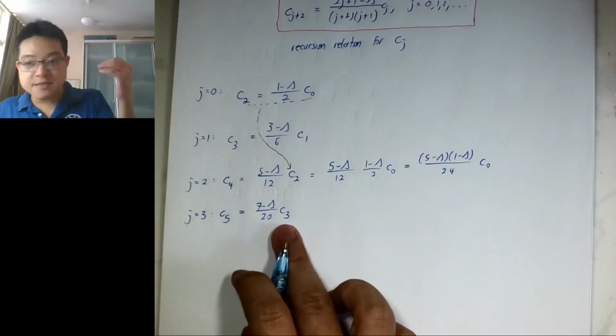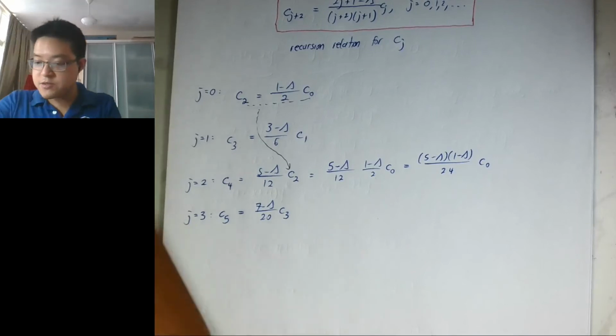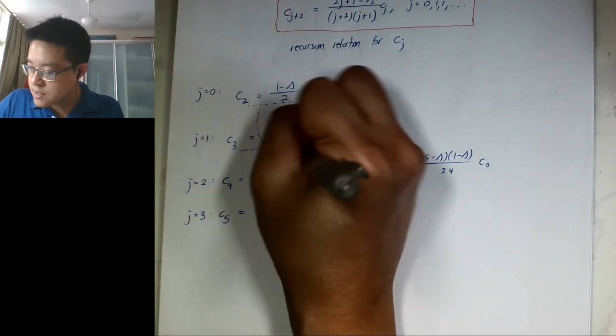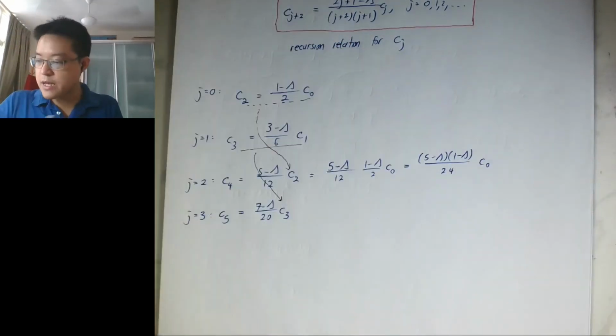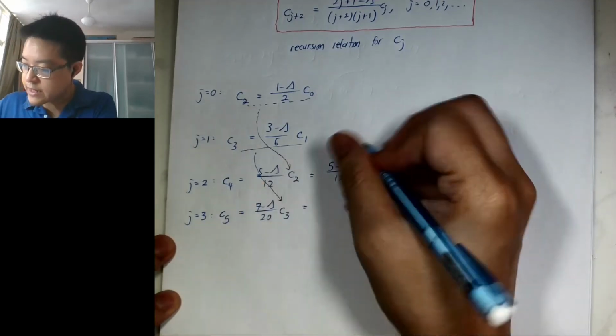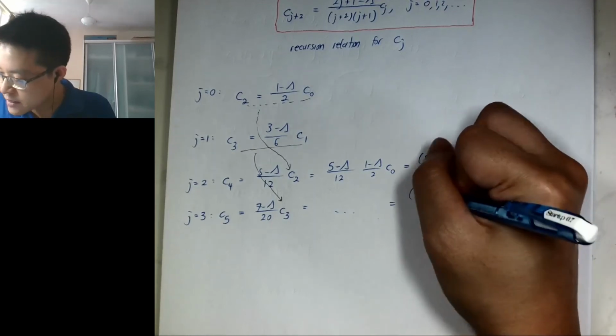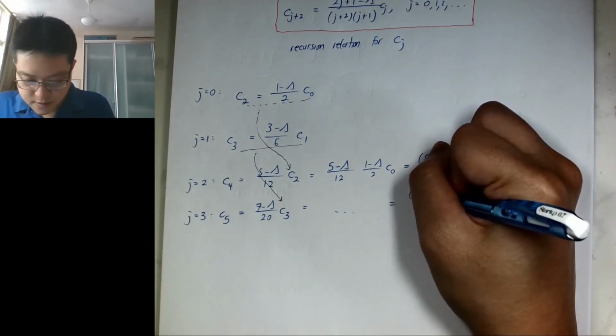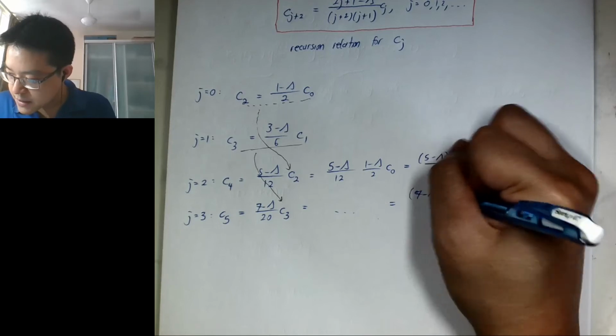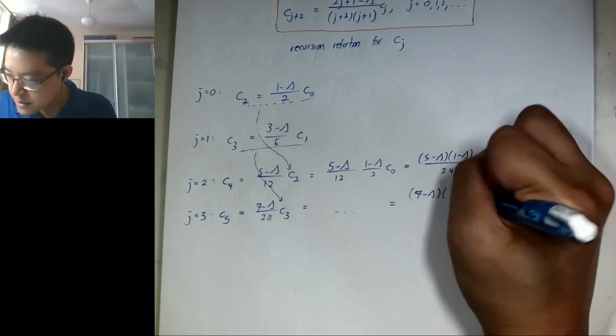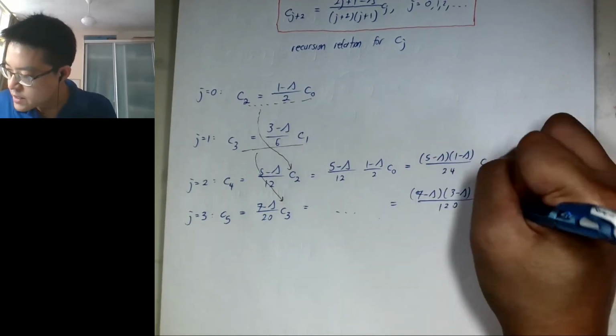See, there's a c3 coming up here. So the c3 depends on c1. So I can put this into here, and then I will simplify. I will just skip the steps. These are boring stuff. You're going to get 7 minus lambda, 3 minus lambda, and then this is 120, c1.